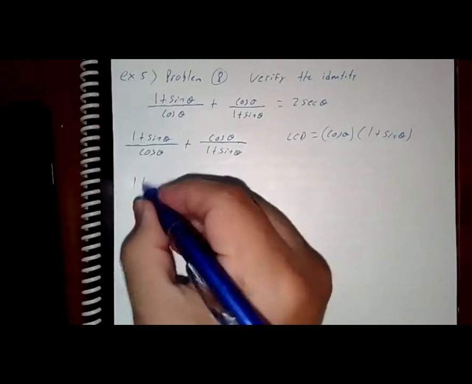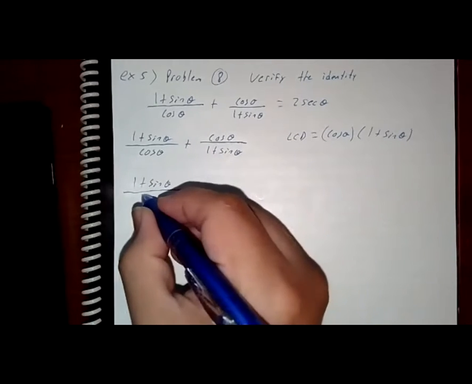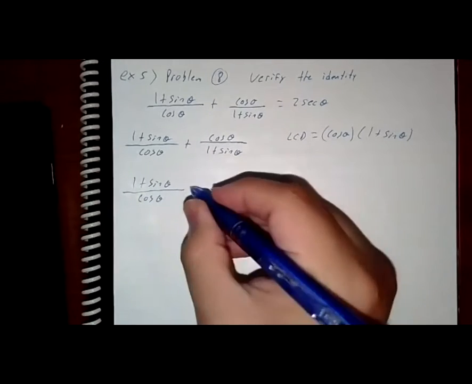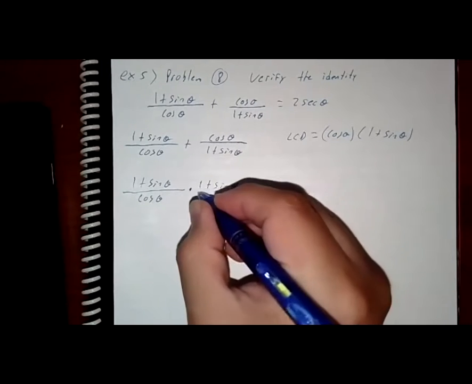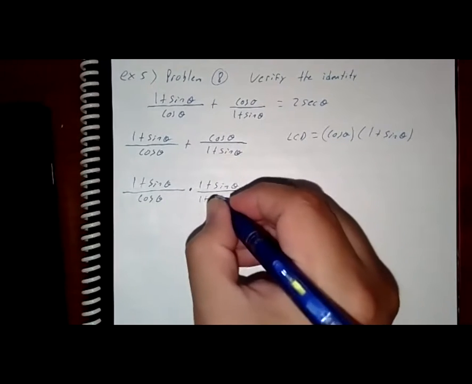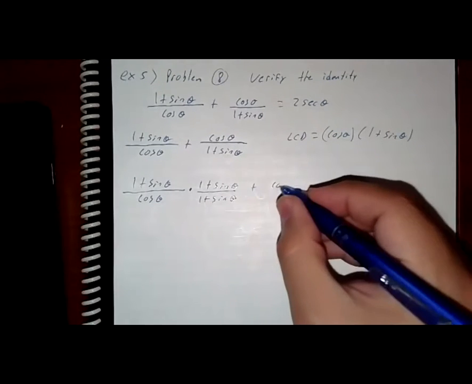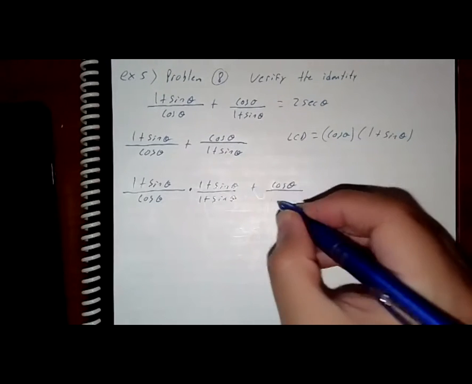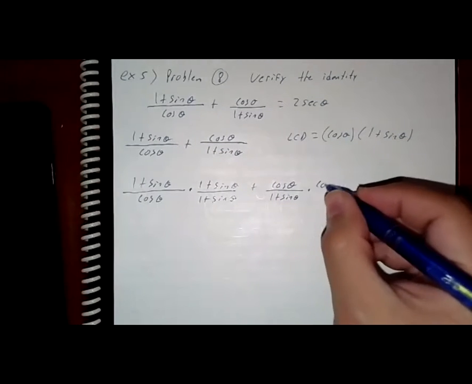So this one will need a 1 plus sine introduced on top and bottom to maintain balance. This one will need a cosine, right? To create the LCD.